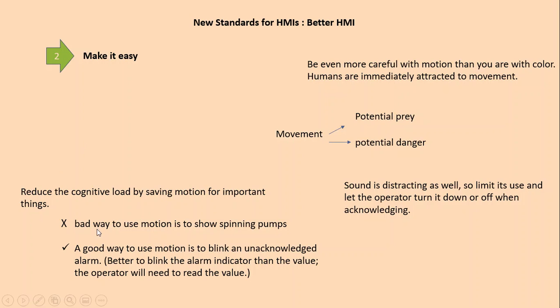One example of a bad way to use motion is to show a spinning pump. What is the value of showing the spinning pump? It's unnecessary. A good way to use motion is to blink an unacknowledged alarm to inform the operator that action is to be made here.